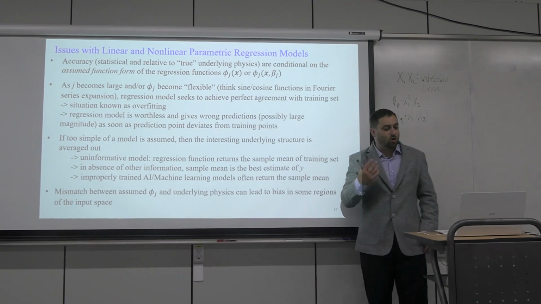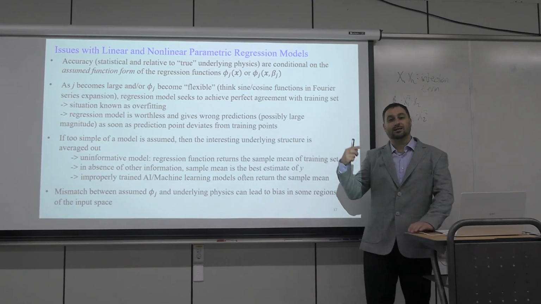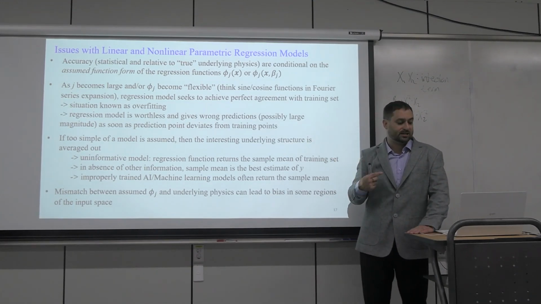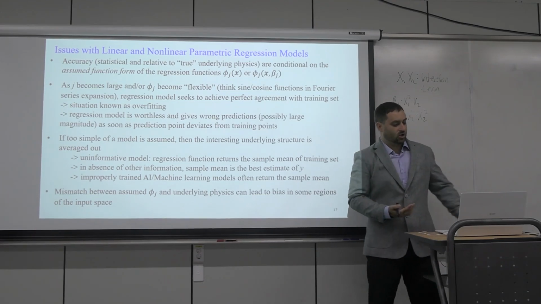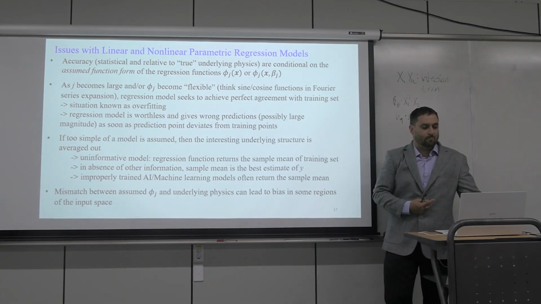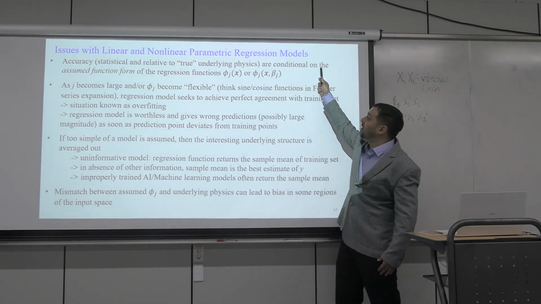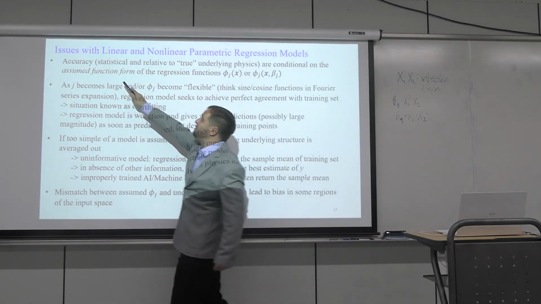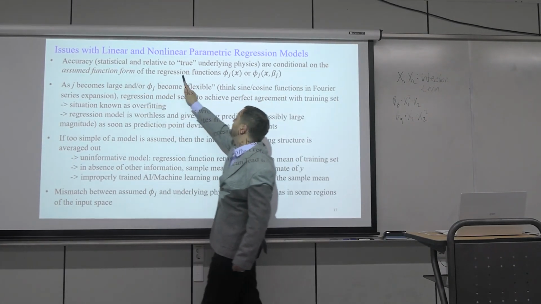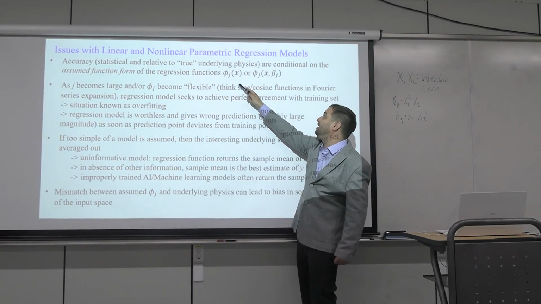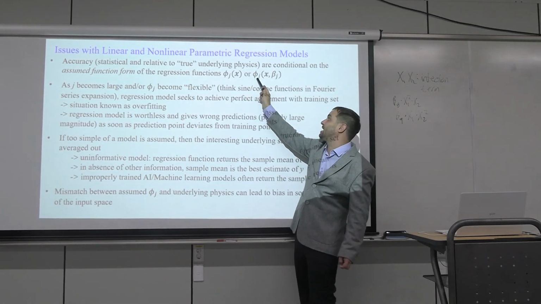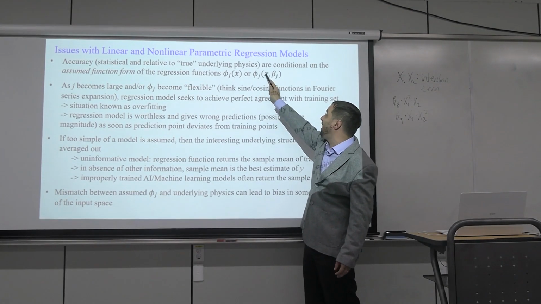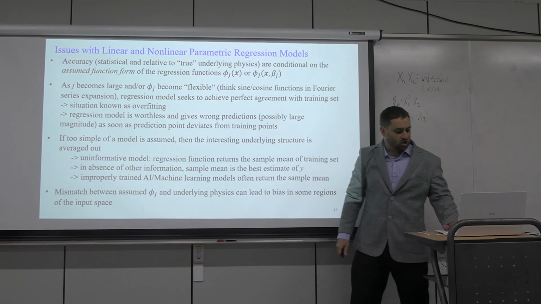But then what we should be concerned about is how well our regression model predicts the true underlying physics. Both of these elements of accuracy are conditional on the assumed functional form of the regression functions phi_j, or in the nonlinear case, phi_j of x and beta_j.